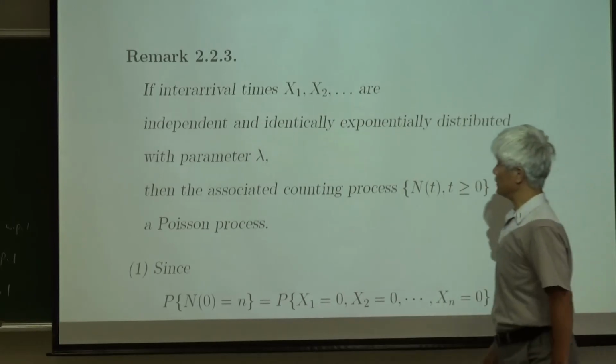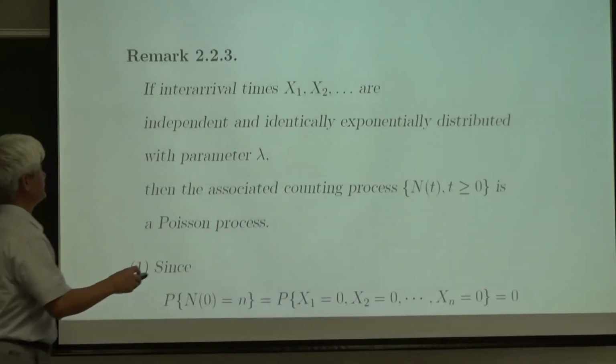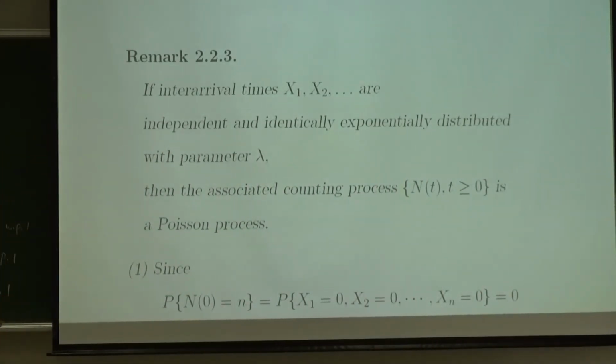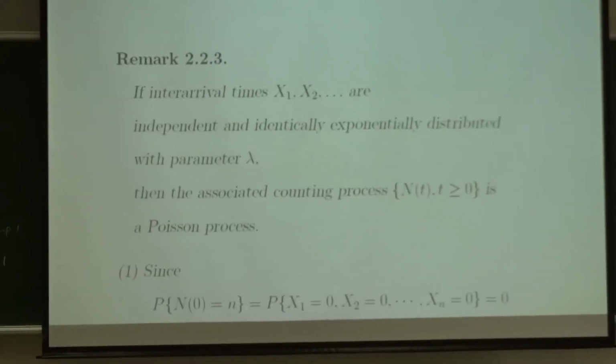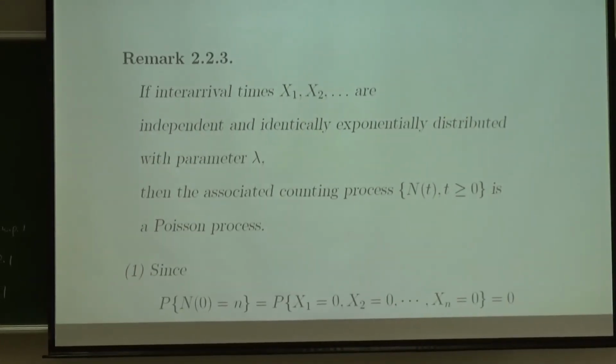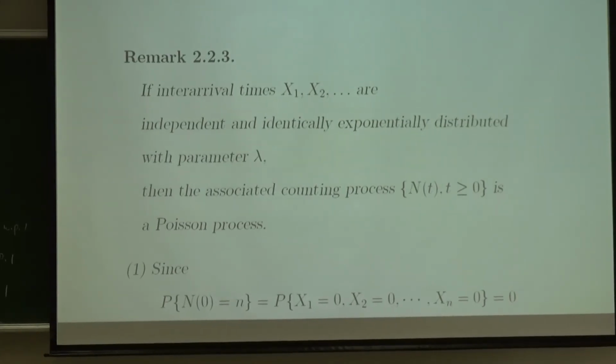Now the remark tells you a converse result, because in the previous theorem we said that once we have a Poisson counting process, then the interarrival times are IID with exponential distribution.